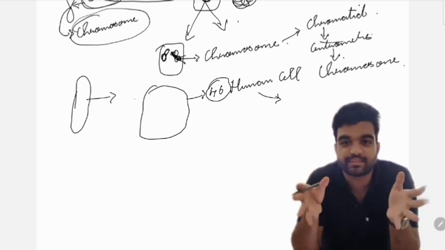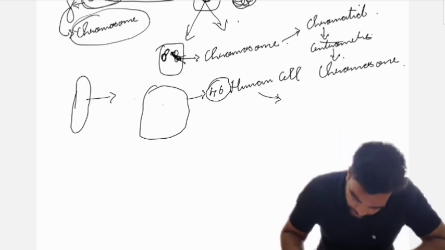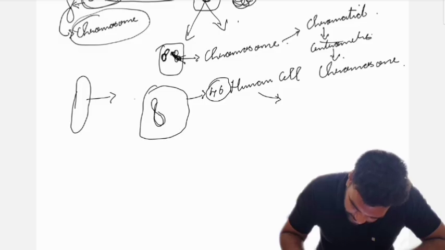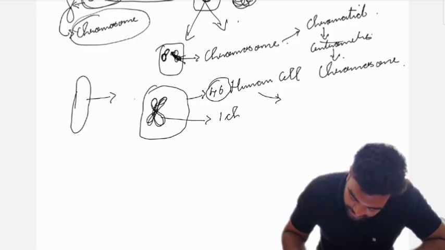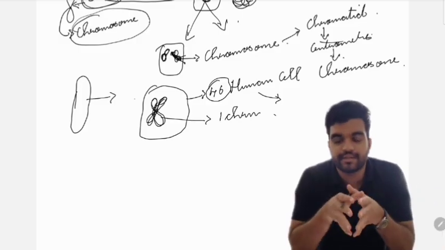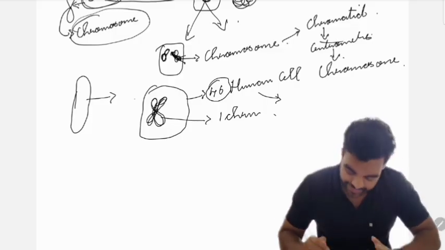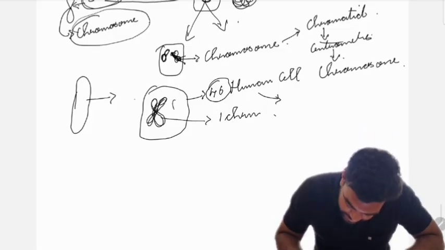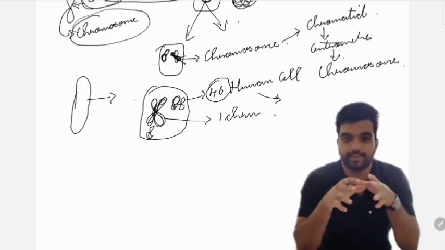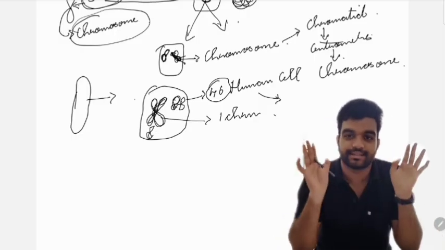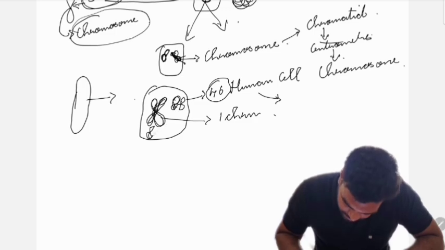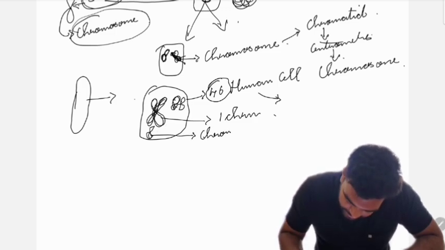But in a textbook image, we tend to see only one chromosome, which is just the representation of a single chromosome. In reality, there are 46 chromosomes inside the nucleus of a cell. So in total there are 46.